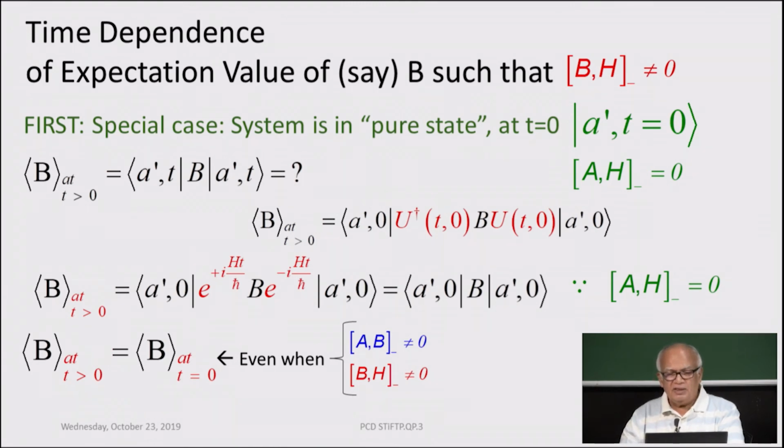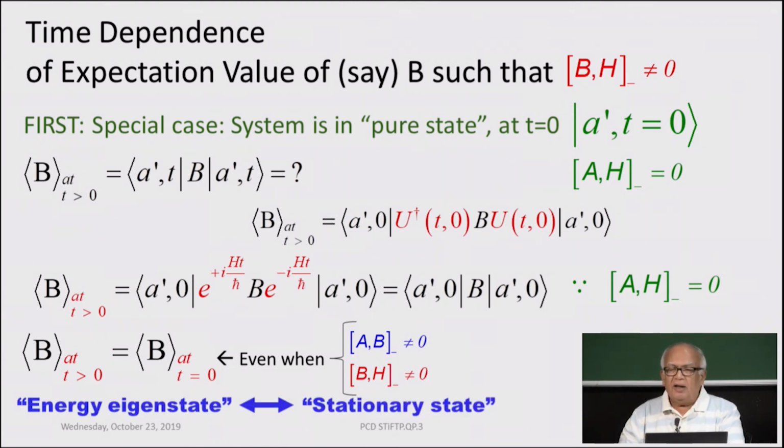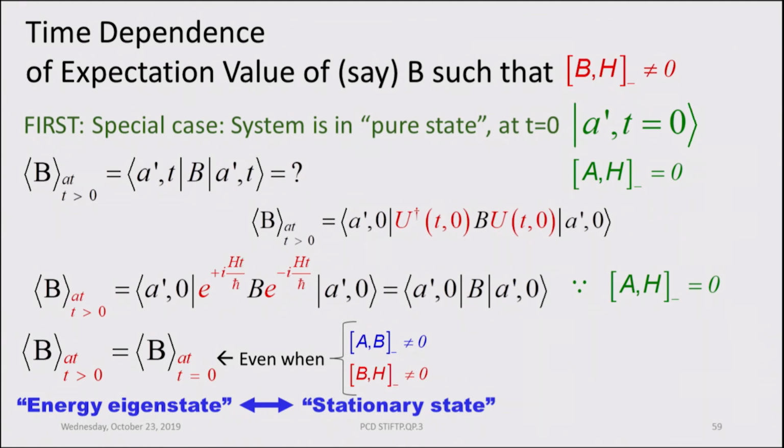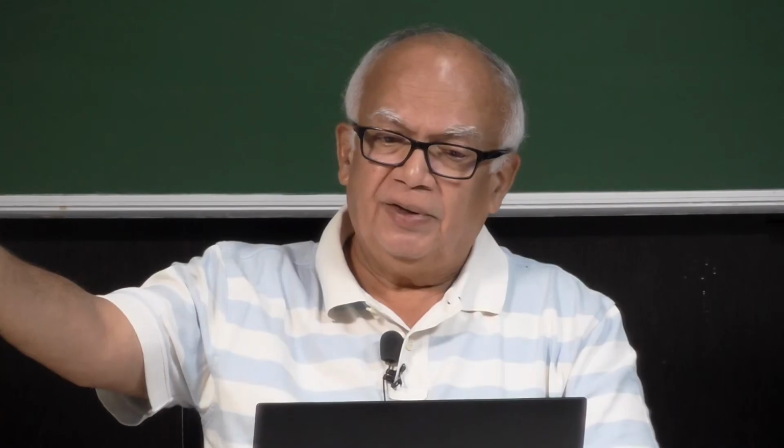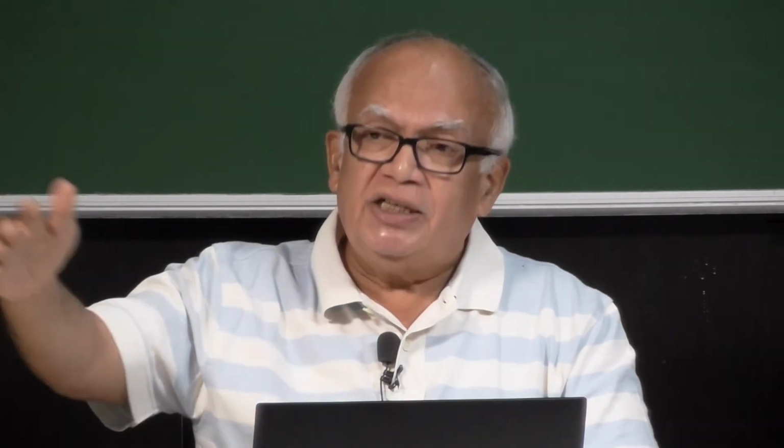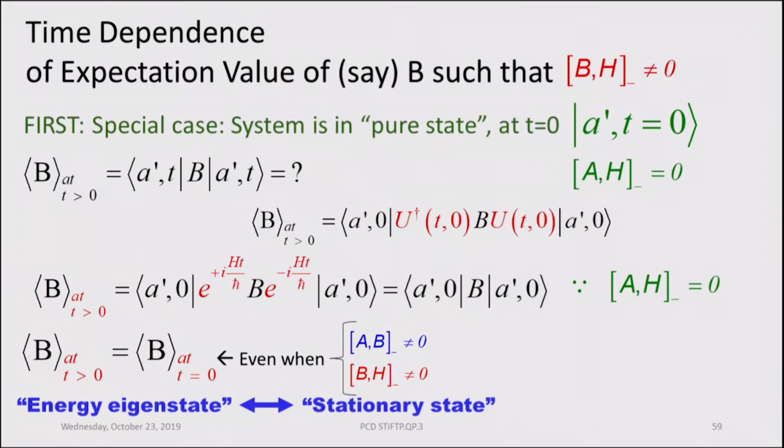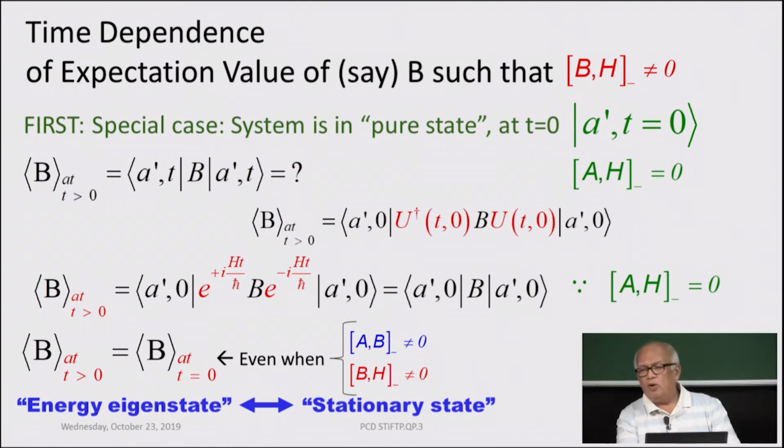All right. So this is an amazing result, because we are now talking about starting out with pure states which were energy eigenstates, and it is for this reason that these are called stationary states, because the expectation value of any operator does not change with time if the state initially was a pure eigenstate of an operator which commutes with the Hamiltonian.